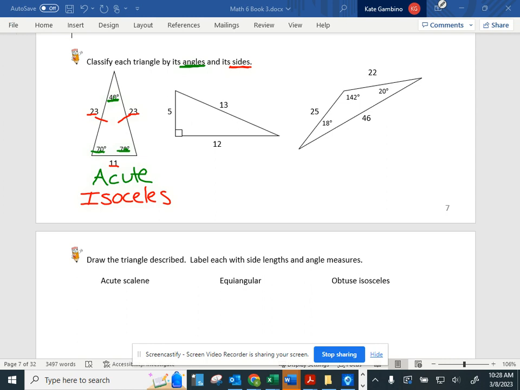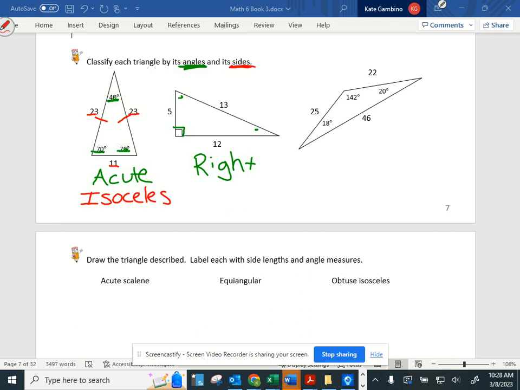So let's look at our next triangle. What is the angle name for it, Ethan? It's a right angle. There is a right angle in it. We know this by right there. That's why they didn't give us any other angles, because we knew it was a right angle triangle right away. Now we need to finish it off with our sides.